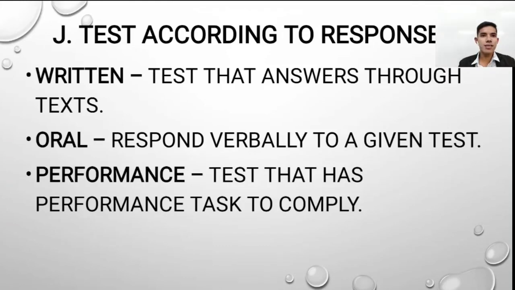And lastly, the test according to response. Response po yan. So we have written the test that answers through text, oral response verbally to a given test, kaya nga siya oral, and performance test that has performance task to comply. So those are the different types of tests according to its kind. Yung 10, which is test according to response.